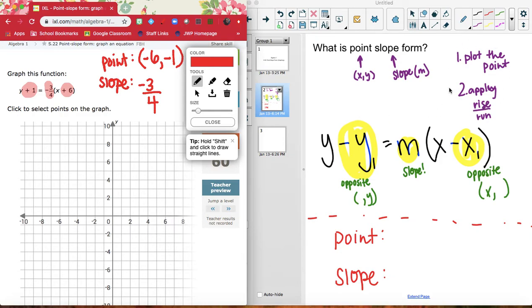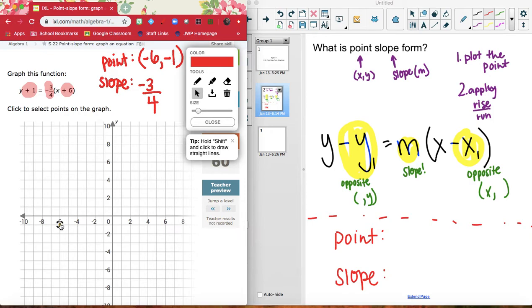So there are 2 steps I use. I plot the point, then I apply the rise over the run. I'm going to plot the point negative 6, negative 1. There it is, plotted. Then I need to apply the slope, which is down 3 over 4. From this point that I just plotted, that's important, that's a mistake people are going to make.